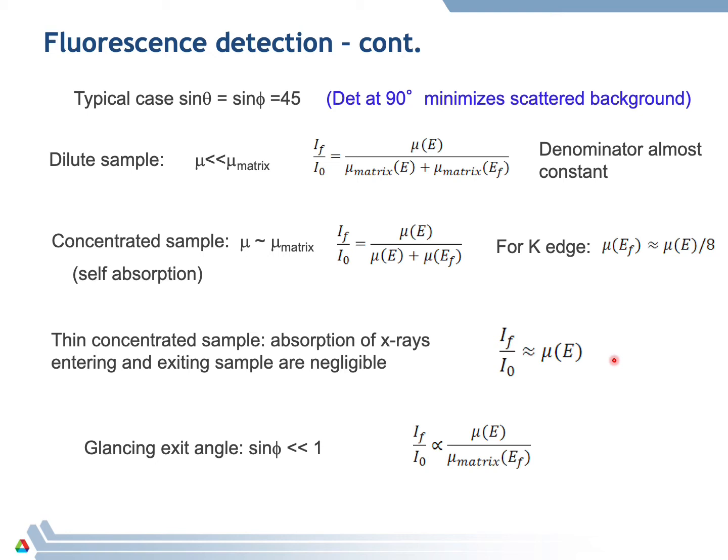Another case that can be employed for a concentrated sample is to put the sample near 90 degrees, perpendicular to the beam, and then have your detector at a very small glancing angle relative to the surface of the sample. In that case, sine phi becomes very small, and this matrix fluorescence term starts to become very large because it's divided by a very small number, sine phi. In that case, your signal again becomes almost proportional to the absorption you're trying to measure.